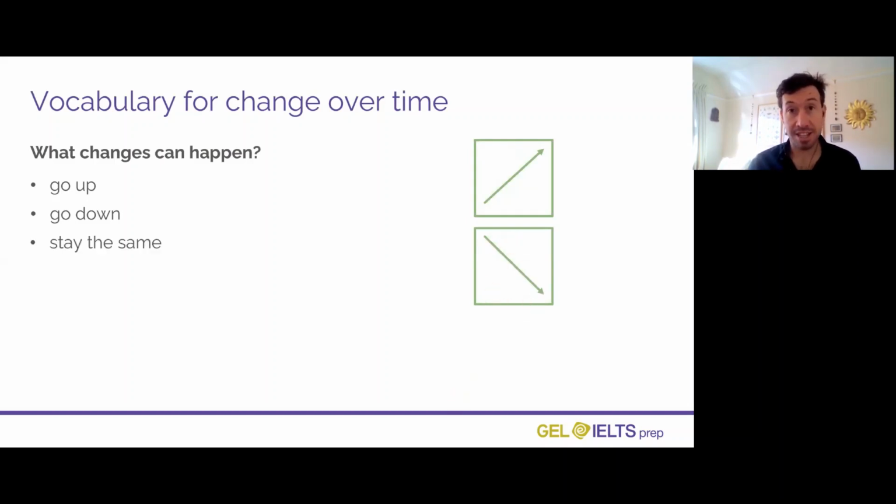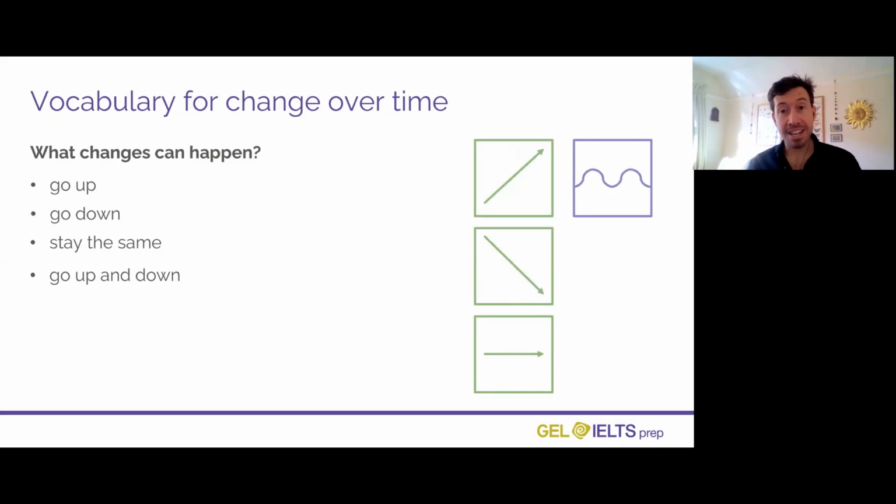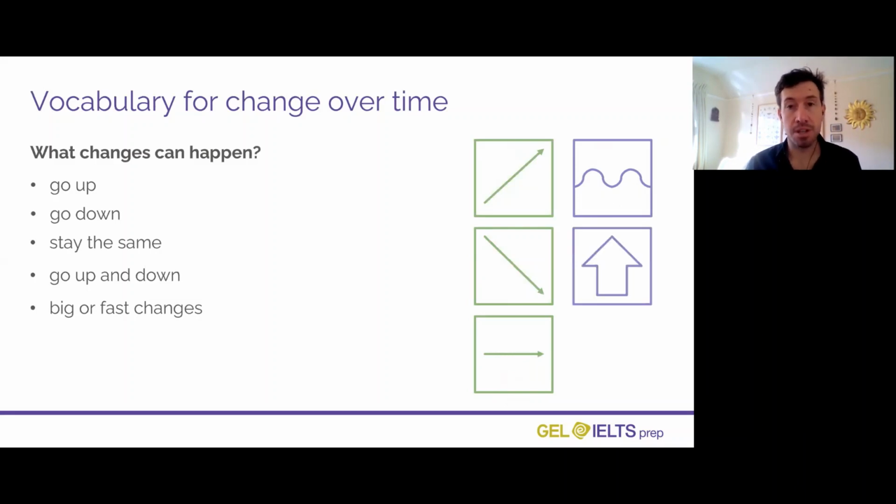Things can stay the same. So when there's no change at all. Things can go up and down. So we're going to use this to show that. So it's going up and down like that in the chart. And then we can also talk about big or fast changes, which we'll represent with this arrow.